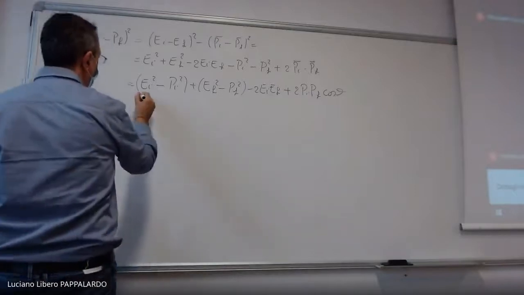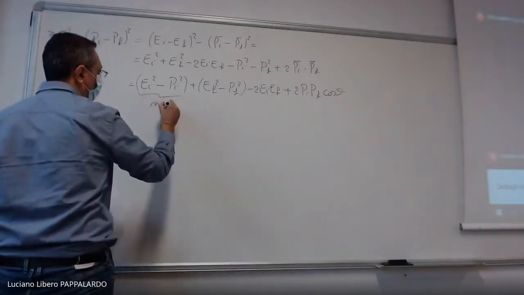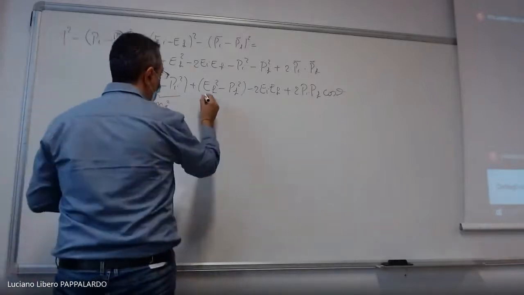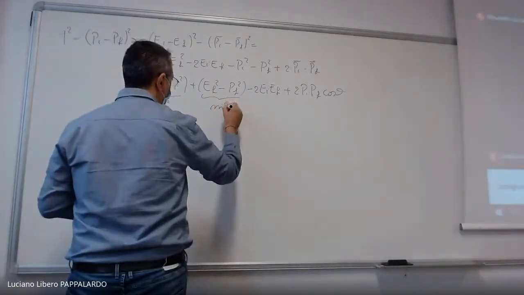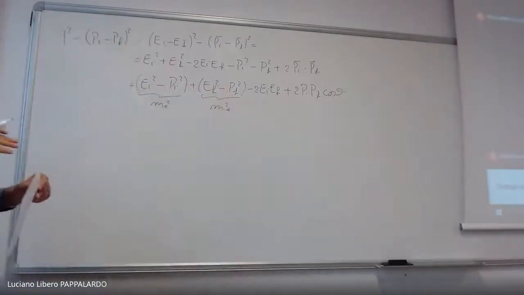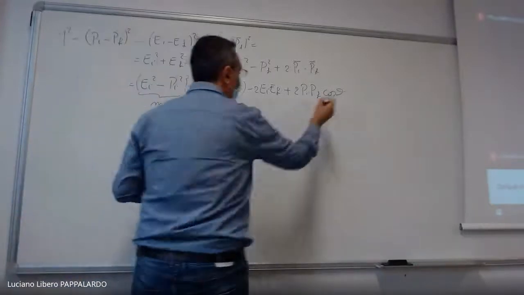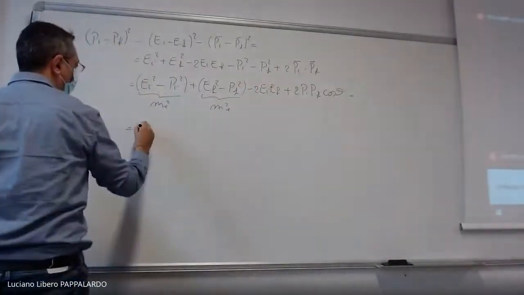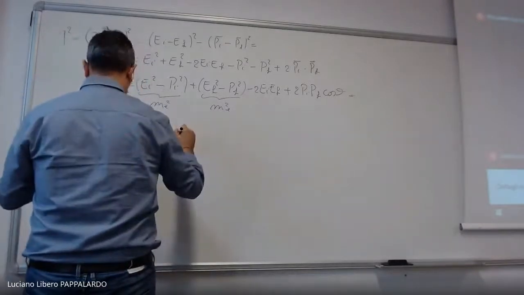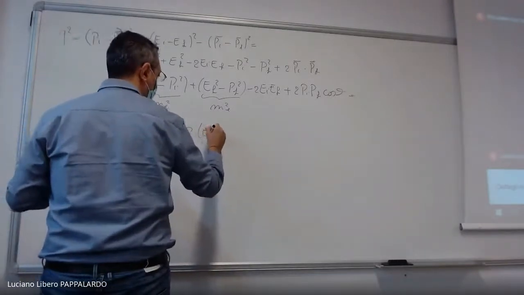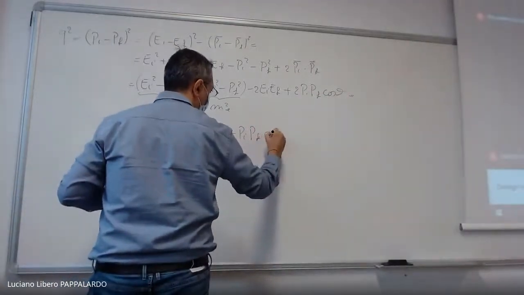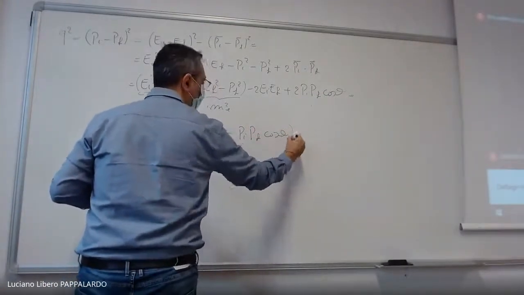Here we recognize the mass of the incoming electron squared, the mass of the outgoing electron squared, so this we can write as twice the mass of the electron squared. And here we have minus twice E_I E_F minus E_I E_F cosine theta.